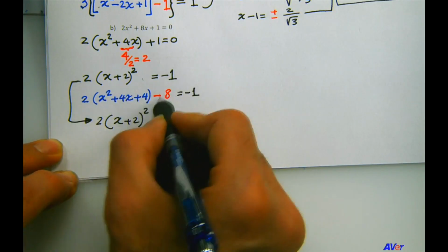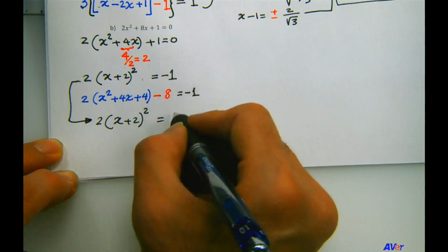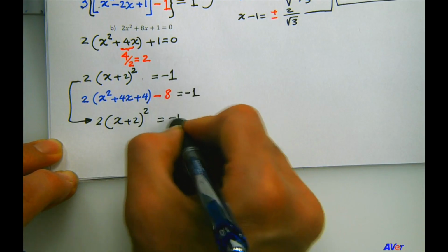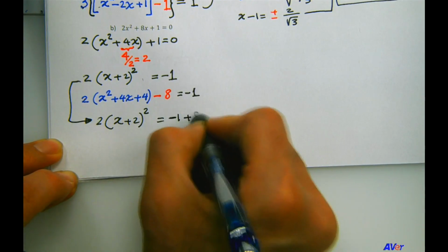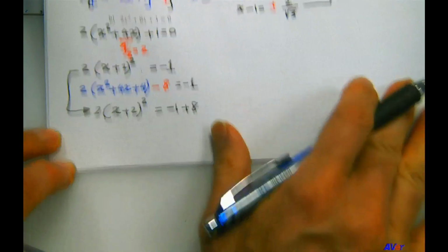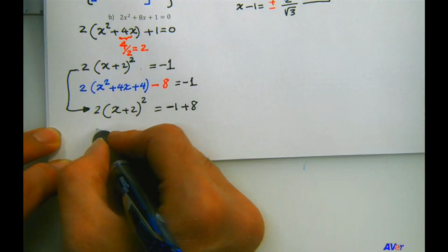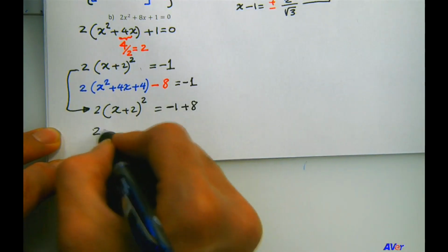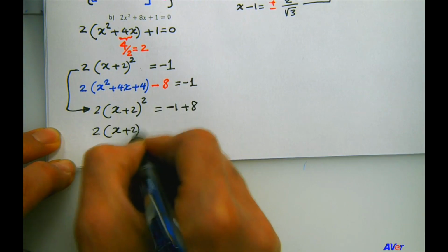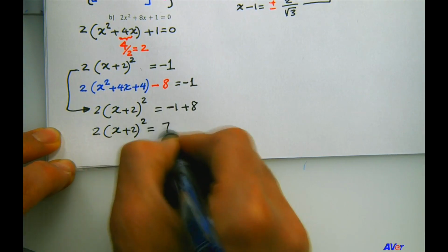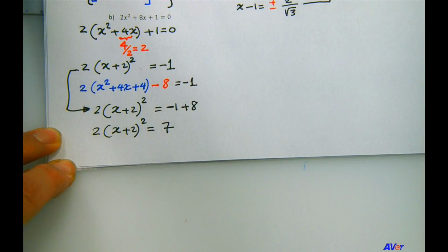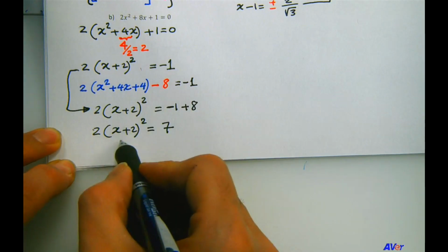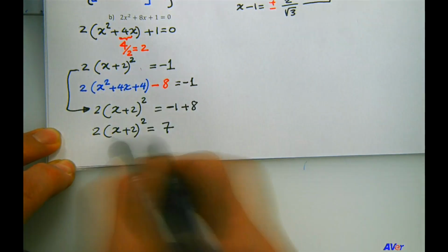And now move the negative 8 to the other side. Negative 1 plus 8. Okay. And then we end up with positive 7. So 2 times x plus 2 squared equals positive 7. Then we're solving for x, right? So we've completed the square.